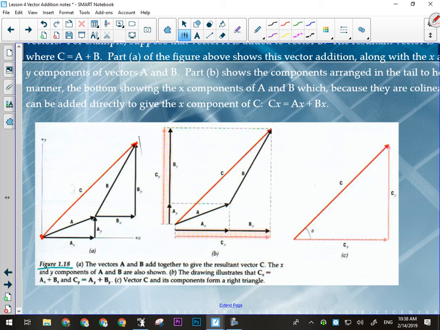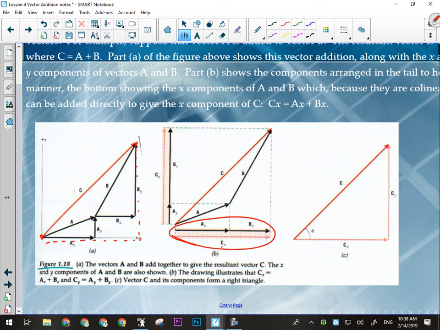That means C has a triangle that looks like this, all right? And I can calculate these sides if I can find how far over A goes and how far over B goes, because if I add those together, they add up to how far that goes over in total, right? And it's the same for the y's.